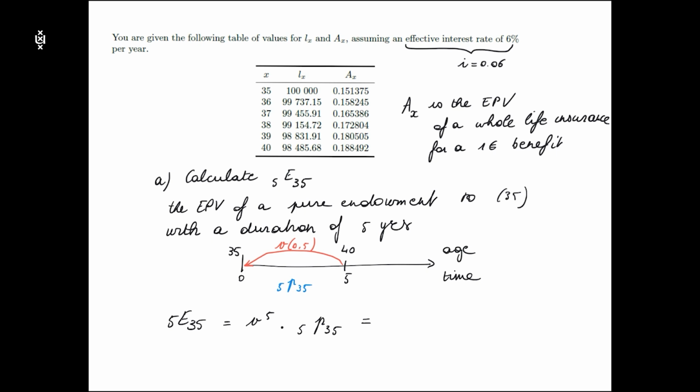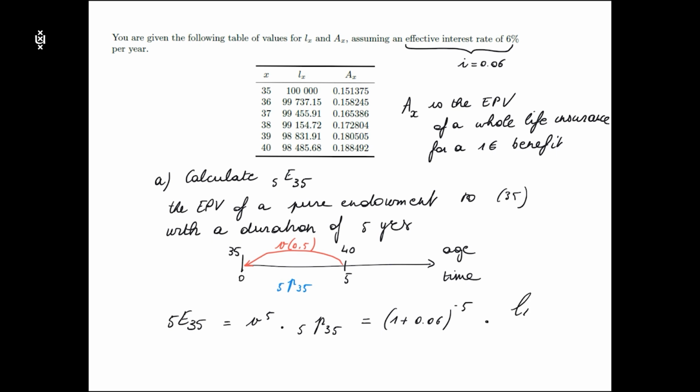Now, in order to calculate this EPV numerically, I'm going to use the given facts in this exercise. So I'm going to use my interest rate of 6%, and I'm going to use my survival table. In order to calculate this 5-year survival probability, I'm going to look at the number of people alive at age 40 out of the initial group of 100,000 people being alive at age 35.